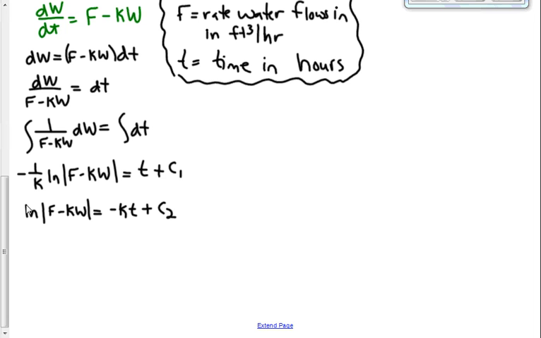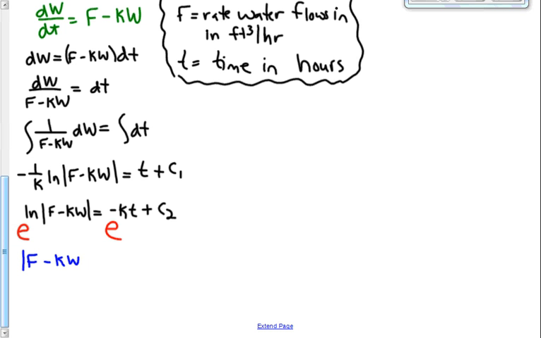Now I need to get this W out of my natural log. The only way I can do that is to raise e to both sides. So I'm going to raise e to the left side and e to the entire right side as well. Once I have done that, I now have F minus kW is equal to some other constant times e to the negative kt.